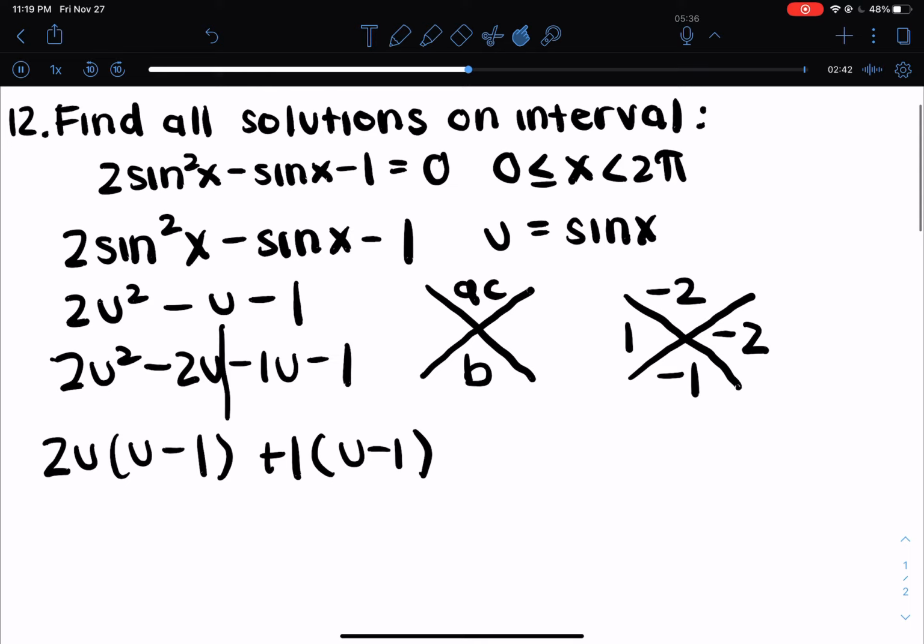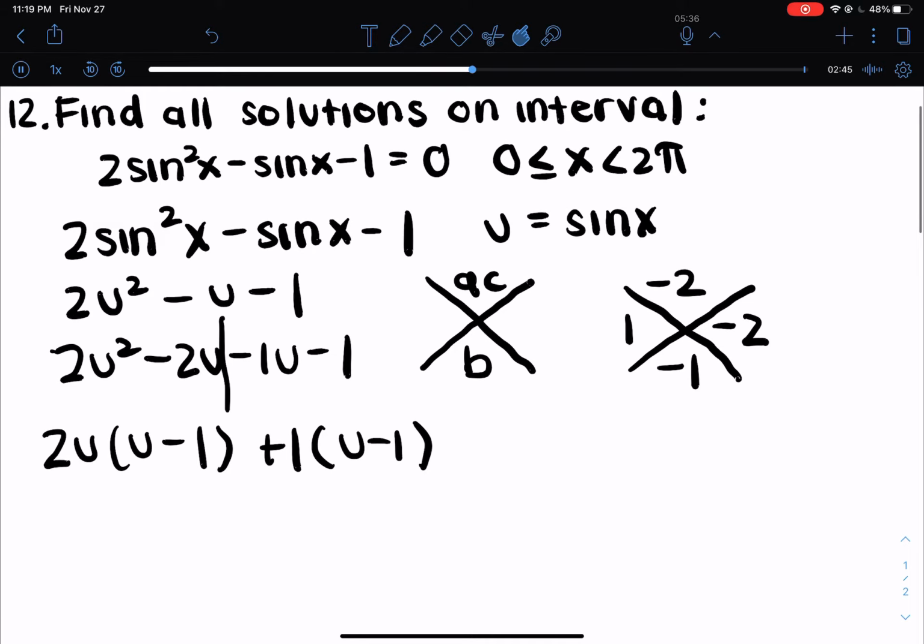So you see that the terms in the parentheses have a common factor. So that would be (u minus 1) of this, and then you grab these two, it would be (2u plus 1).